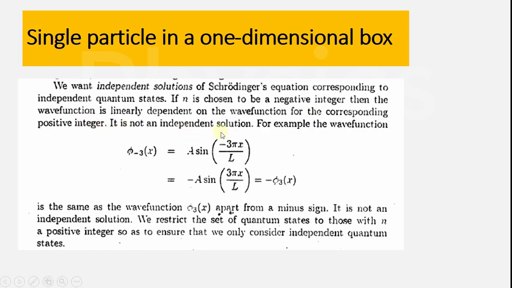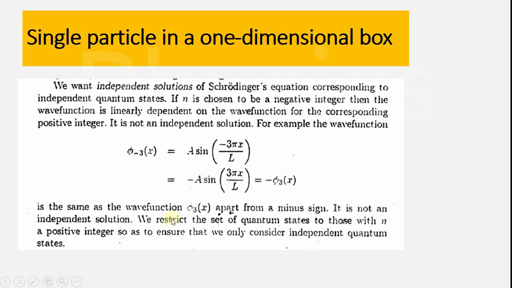It is not an independent solution. If we put in the negative value, the result will be the same as the wave function with the positive value, apart from a minus sign. That's why we do not take negative values, we only take positive values.